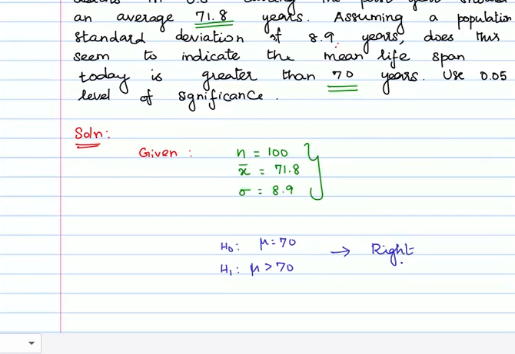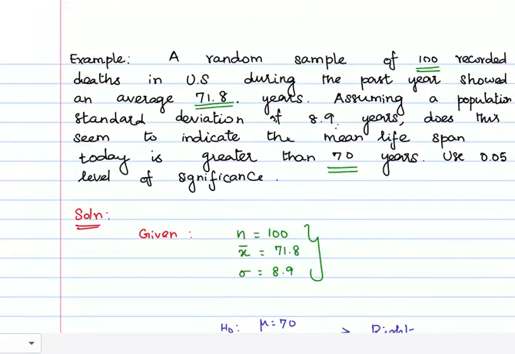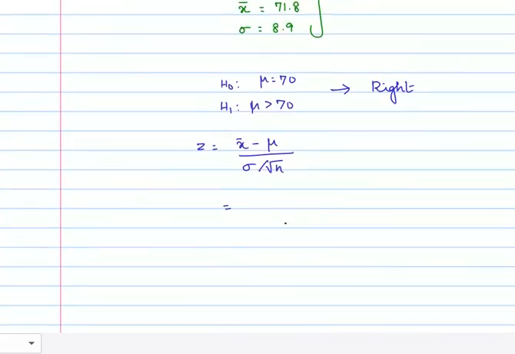Now I am using the formula. What is the formula? Z equals x bar minus mu divided by sigma divided by square root of n. We already know x bar is 71.8 and your mean is 70 years, since you want to prove that it is more than 70.